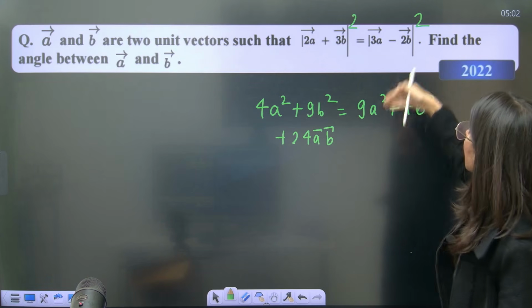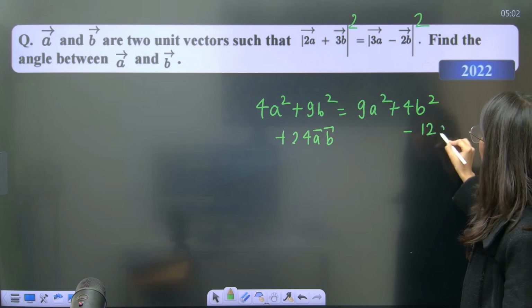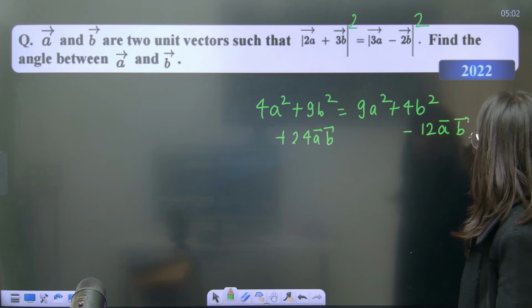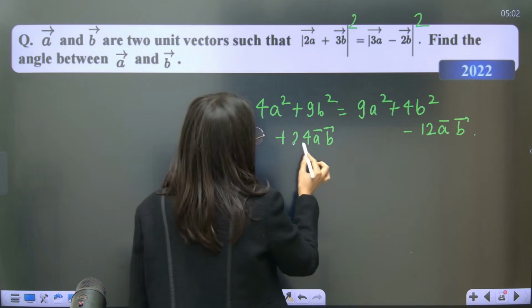And this is 9a square plus 4b square minus 12 a dot b. This is your left hand side, this is your right hand side.